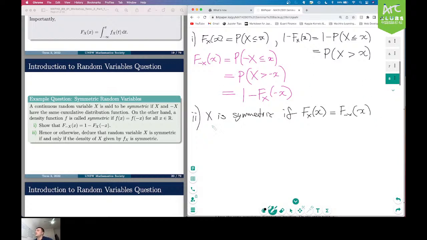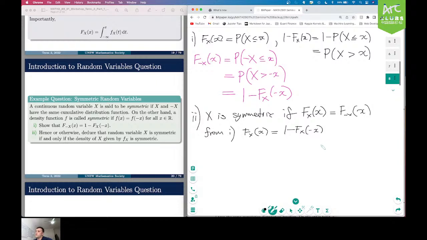So what we know from the first part, from part I, I mean, you can see this for yourself, but here it is: 1 minus F_X(-x). Cool.